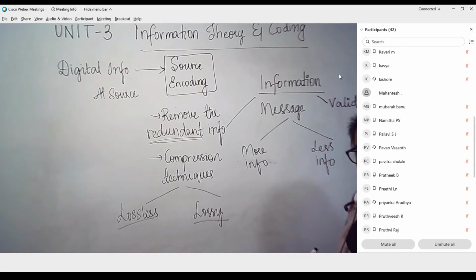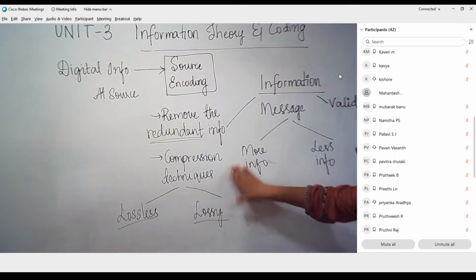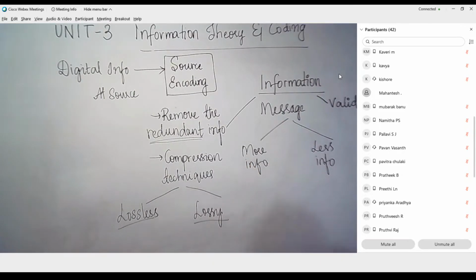What is meant by that? More information means, let's suppose, an event which is going to occur very rarely. Where I say that tomorrow you are going to observe an earthquake of so and so scale in Tumkur.